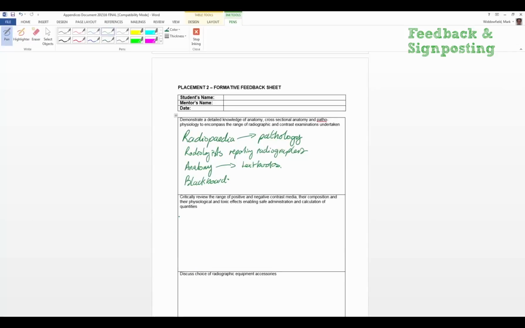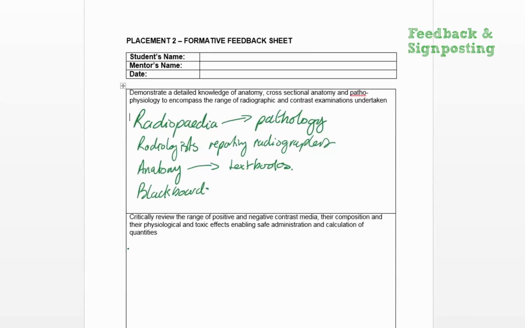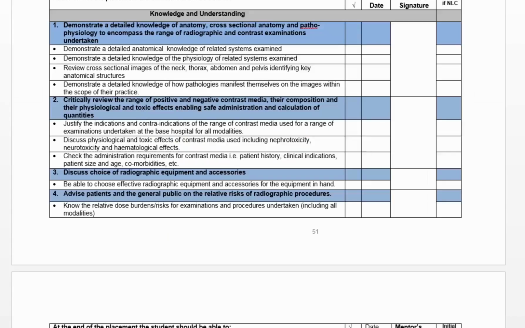This one's a little bit trickier. So this is around critically reviewing the range of positive and negative contrast media. So again, if we move back towards the competencies, here we are.